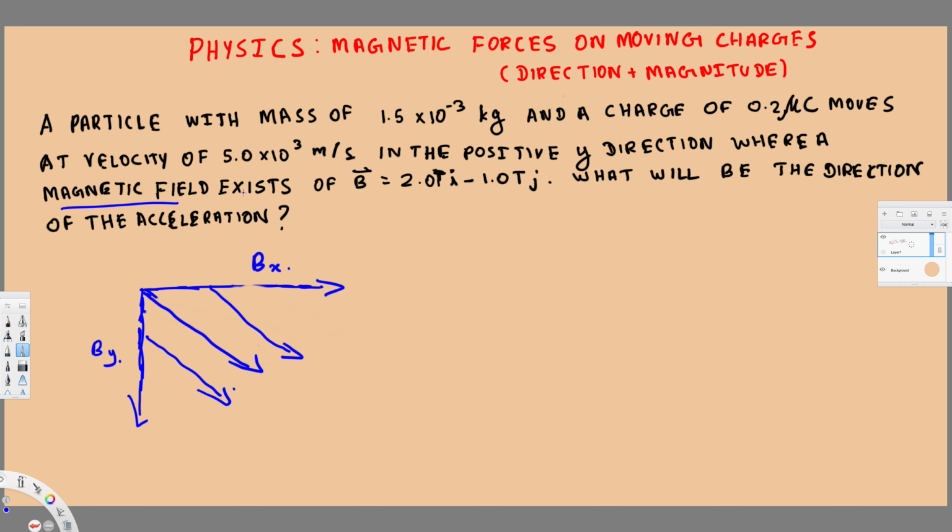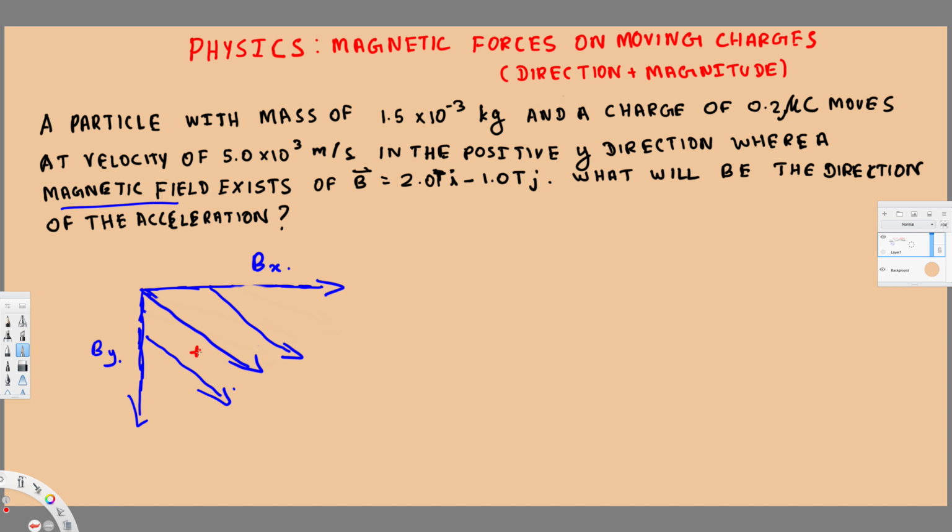And let's look at the direction of this charge. They're saying 0.2 charge moves at a velocity of 5 times 10 to the power 3 in the positive y direction. So here we are going to have the charge. Is the charge positive? Yeah, the sign in front of the charge is positive, right?